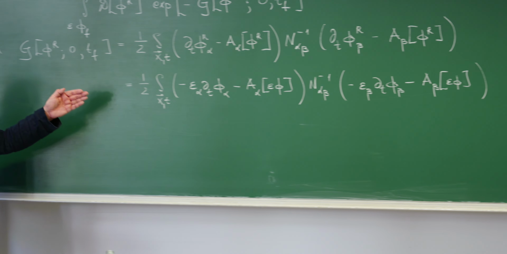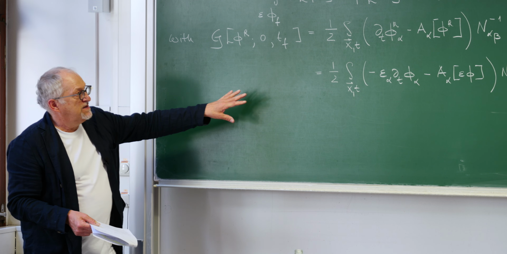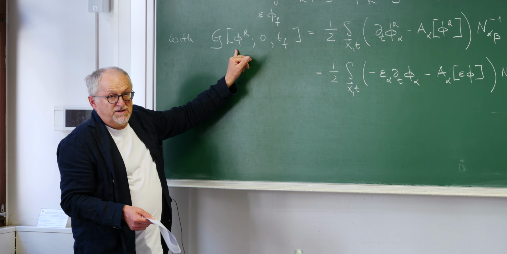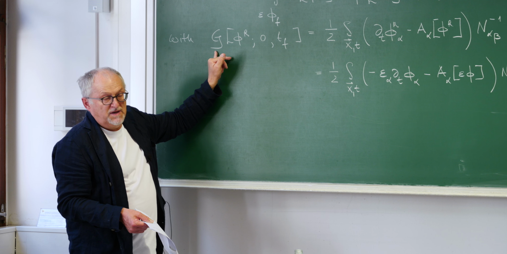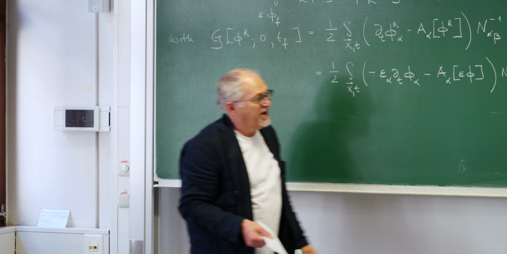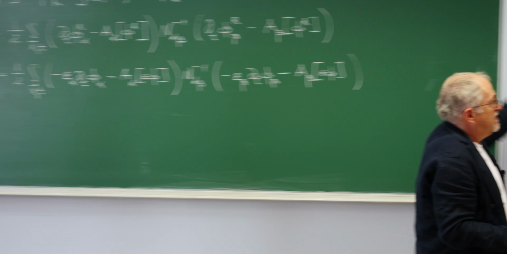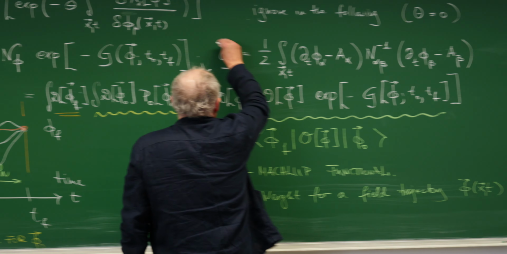So up to the calculation that I'm going to show you in a second, just let us look at what this is. So the reversed path Onsager-Machlup functional looks very much the same, if you look here on the right, as the corresponding Onsager-Machlup functional that we have here.